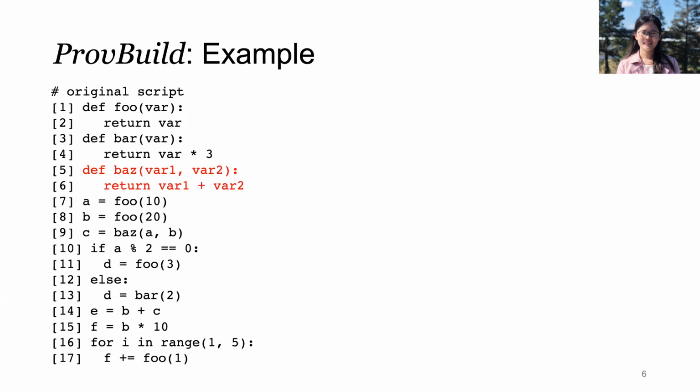So first, I will show you a toy example. This toy example shows how ProfViews works. The left script shows the original script that we are trying to debug. Assume that the debugging target is function bad in line 5 and 6. ProfViews utilizes noWorkflow to collect Python provenance.